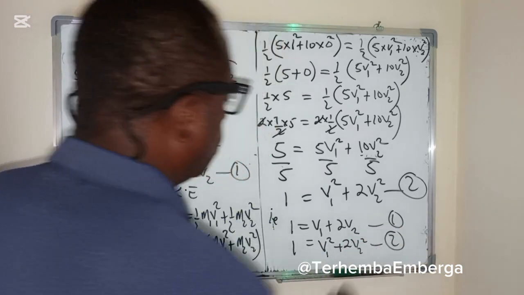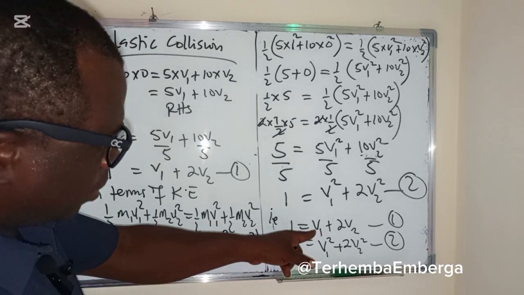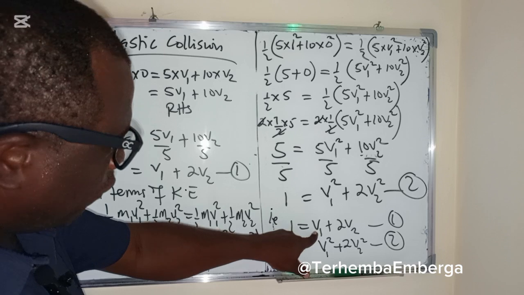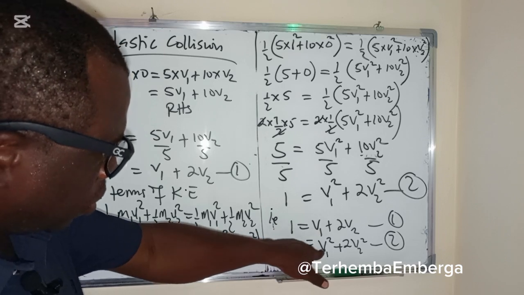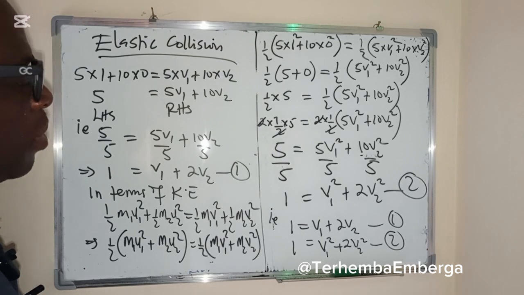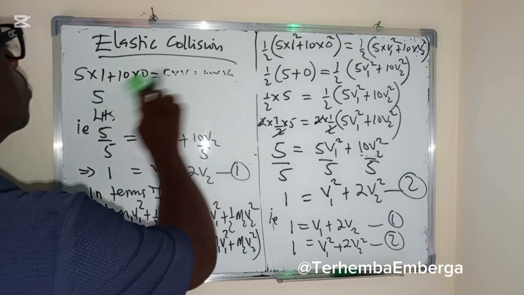If you want to solve by substitution, in equation 1 we'll make v1 the subject and substitute into equation 2, and then later find the value of v2.